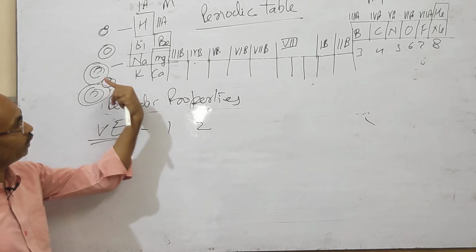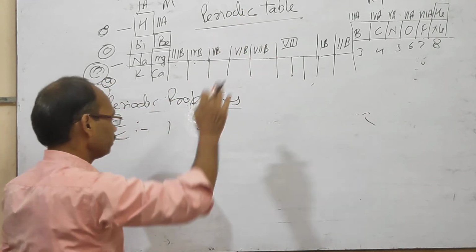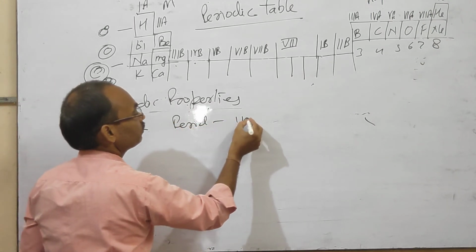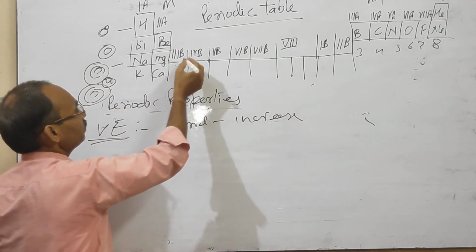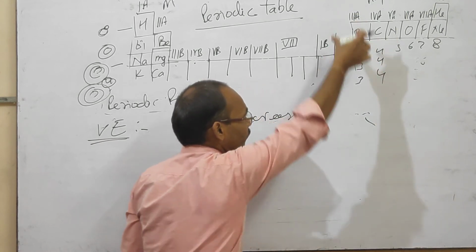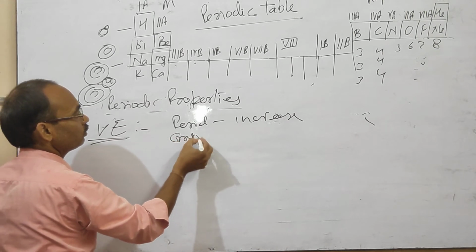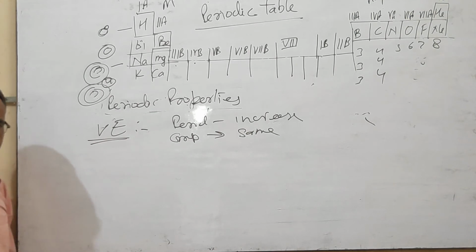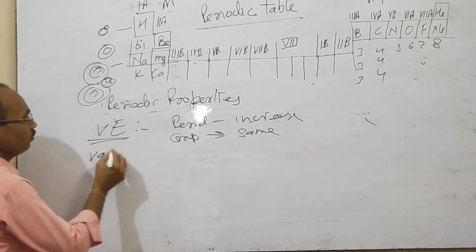So on going across the period, the valence electrons increase from left to right. In the group, going down, the valence electrons are the same.